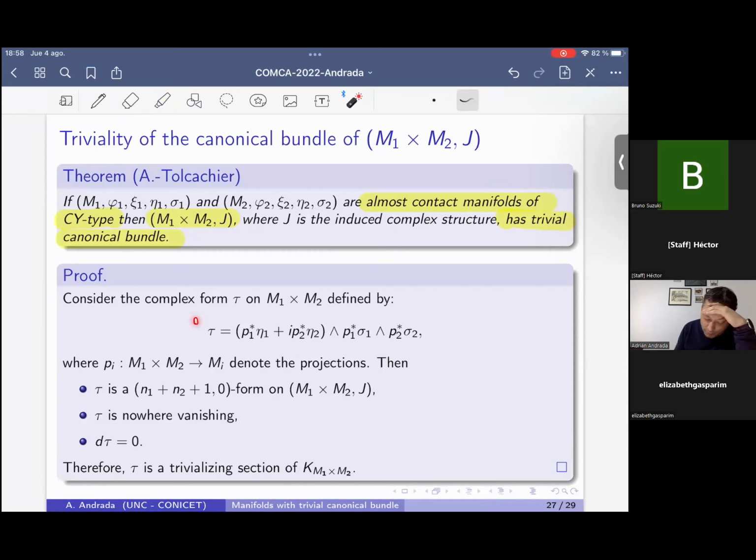We produce this complex form on the product. These are the projections, and then we can verify that everything holds. It's the right n-0 form. It is nowhere vanishing, and with all the conditions we had before, we can see that this is indeed closed and therefore holomorphic. And then this tau is a trivializing section of this bundle.